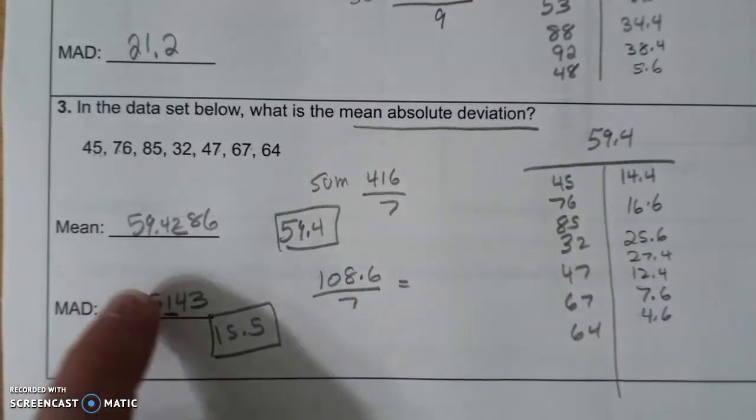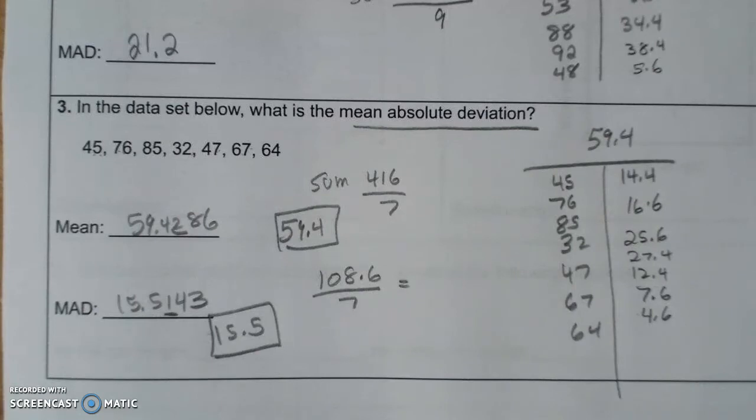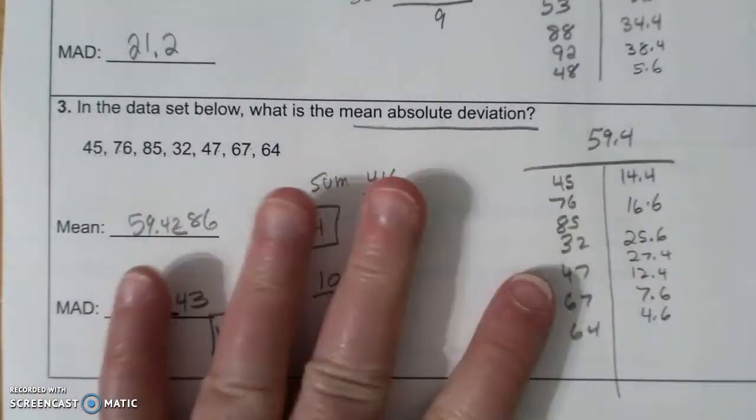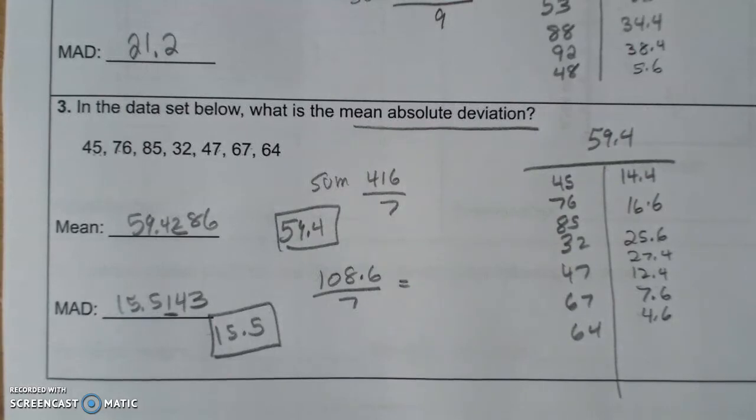Now, if you leave it to hundreds or thousands, you are telling me that you do not know what the tenth digit is, and therefore you're going to miss the problem. So, those are three problems of mean absolute deviation.